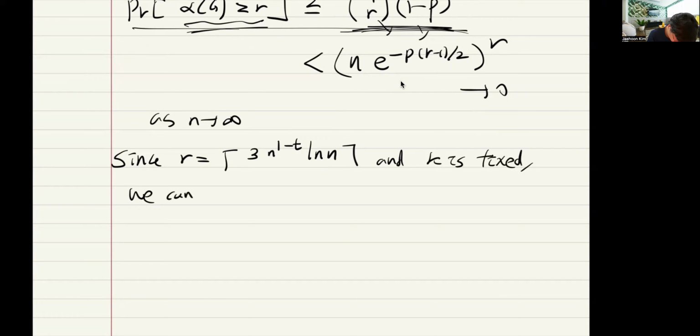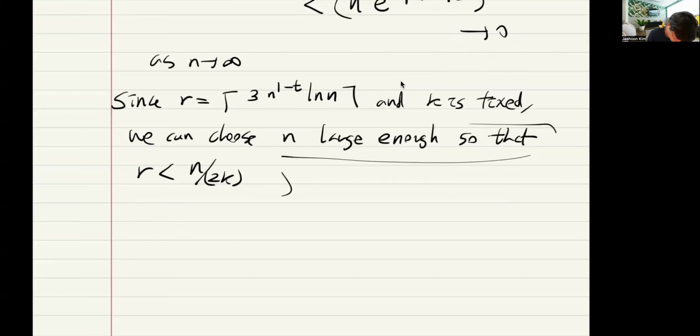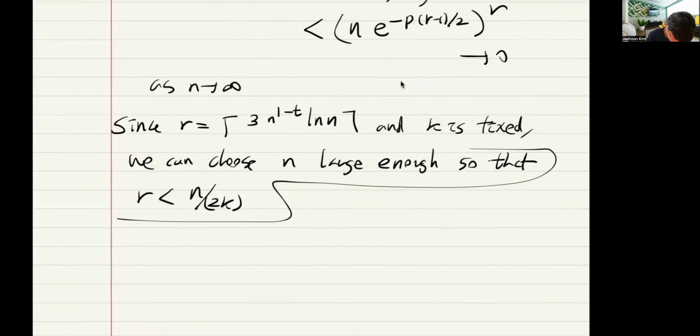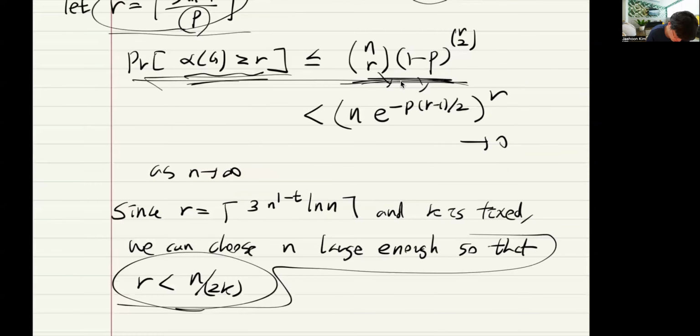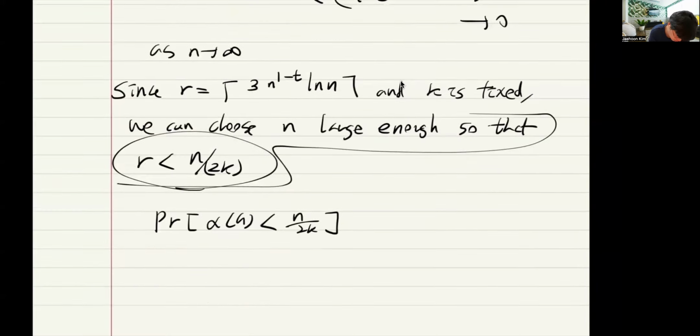So we can choose n large enough so that R is more than n over 2k. So for such a large enough n, this means that the probability that alpha of G is bigger than n over 2k is more than half.